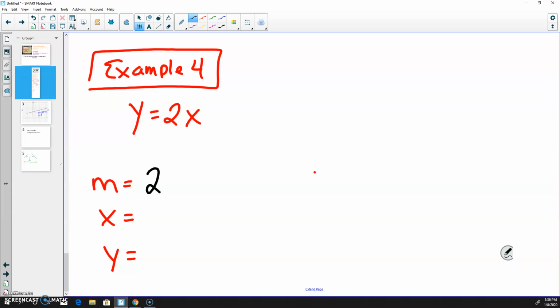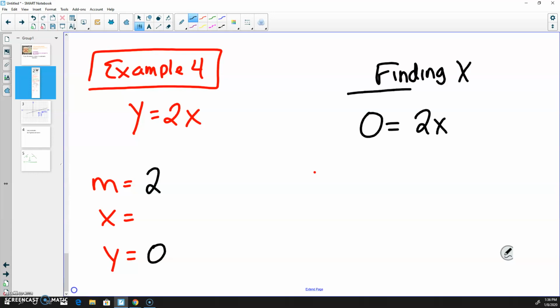No. So what represents nothing back there? 0. X, how do I find x? I plug in 0 for y. So 0 equals 2x. This is me finding x. I plugged in 0 for y. Divide by 2, divide by 2. What's 0 divided by 2? 0.